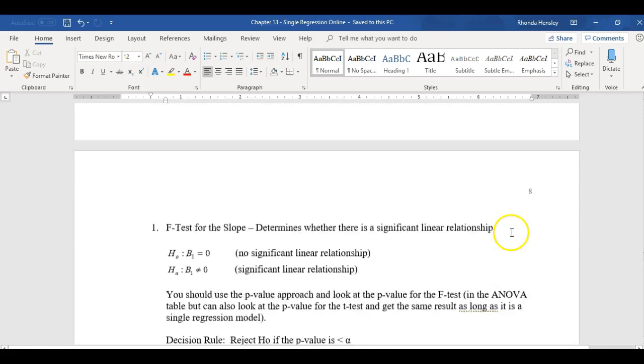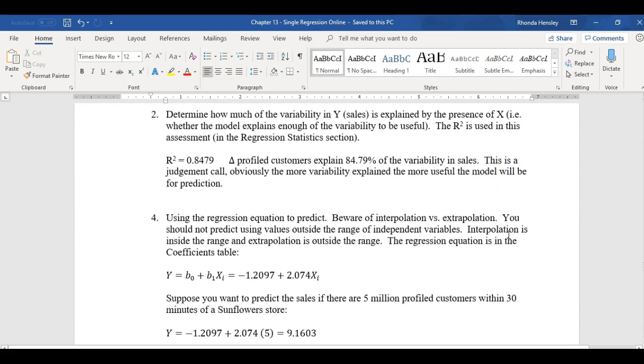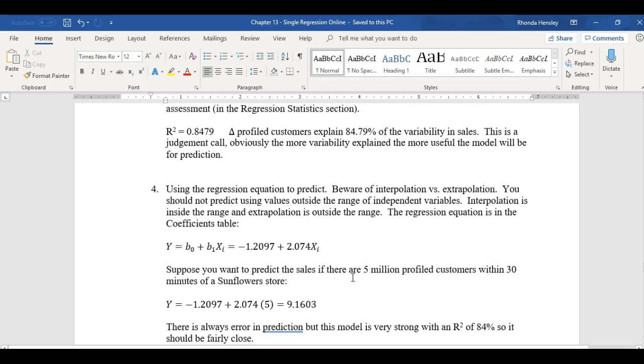So when I write my regression equation, predicted y equals b sub 0, which is the intercept, plus the slope, the other number in the table, times the x value. So it ends up being negative 1.2079 plus 2.074 x1.